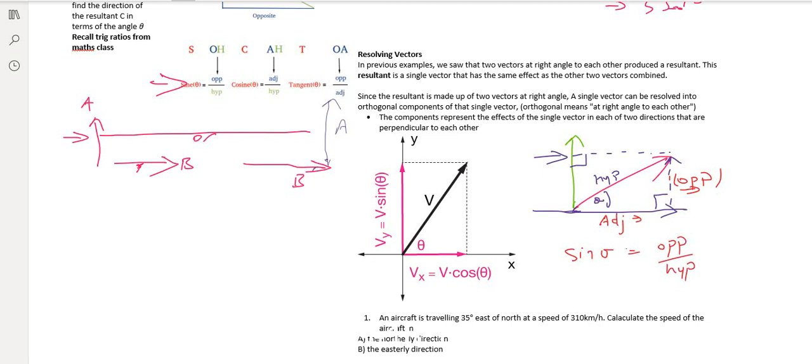Because this side is the opposite, we just want to find out the value, so to speak. Now, your hypotenuse would be a resultant. Your resultant would already have a value. So we'll just call this vector v, based on this example here. That vector is v.